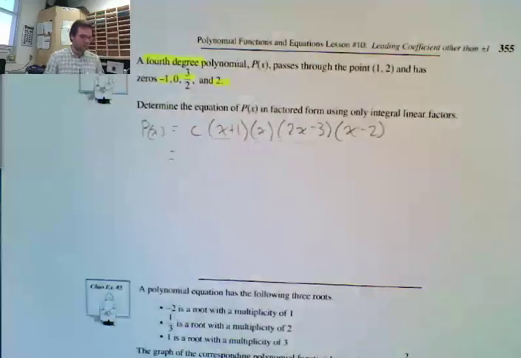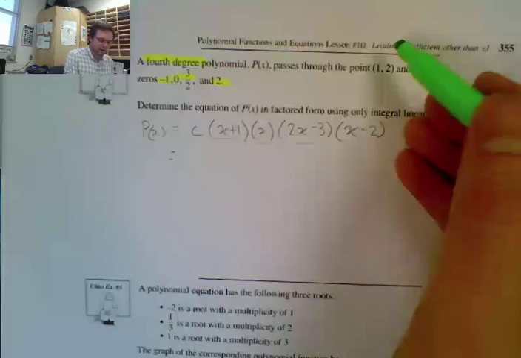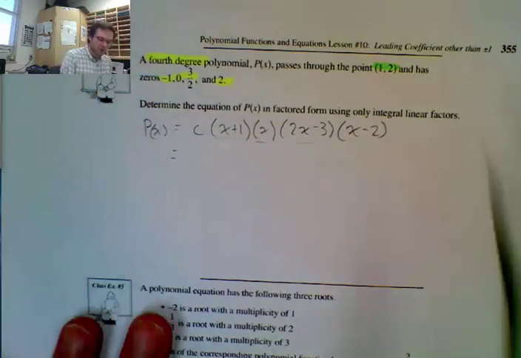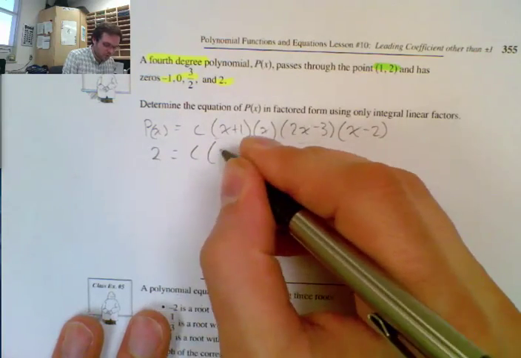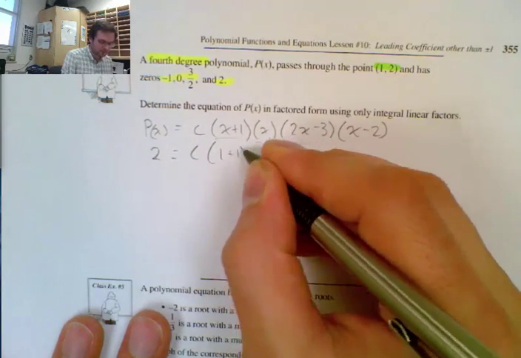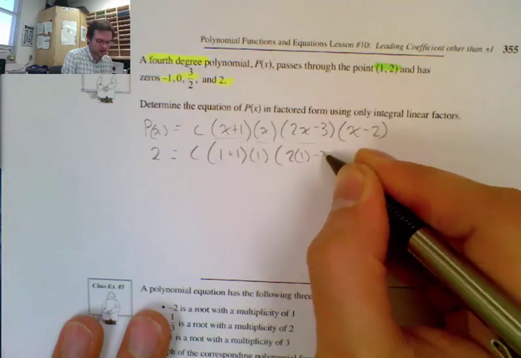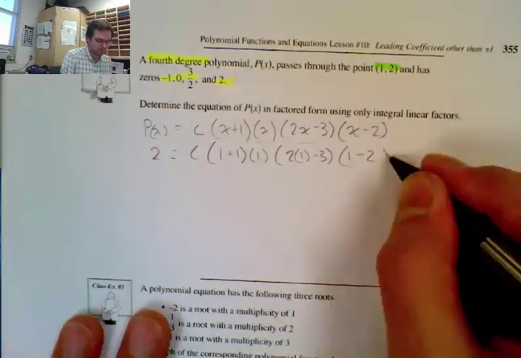Okay, so we also know here that it's going through the point (1, 2). So we're going to substitute that in. My y value is 2, and we have c times (1 plus 1) times 1, times (2 times 1 minus 3), then we're going to have (1 minus 2).